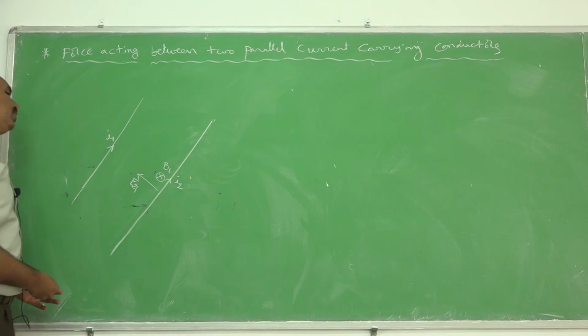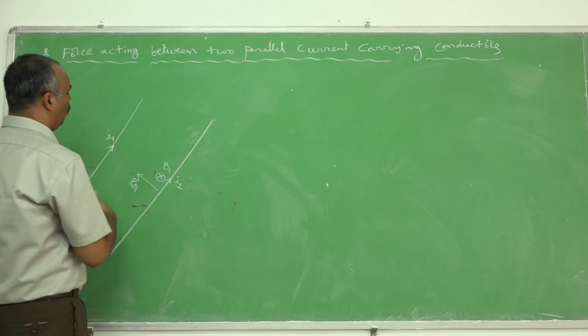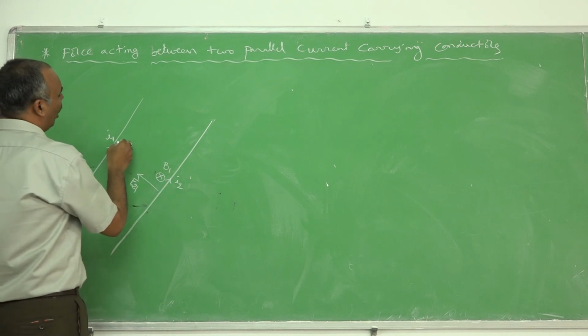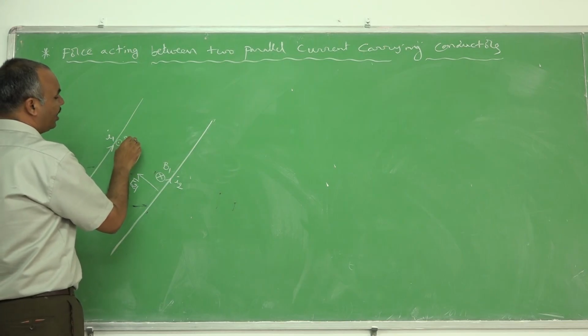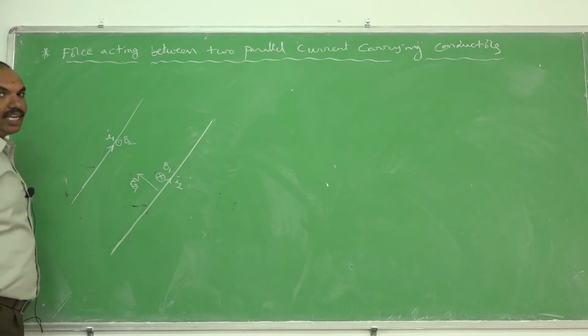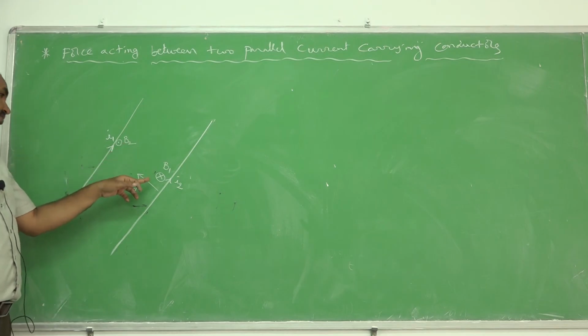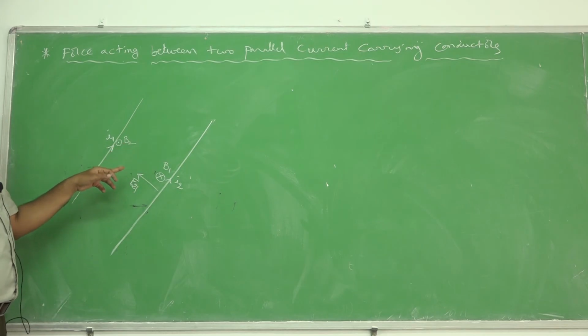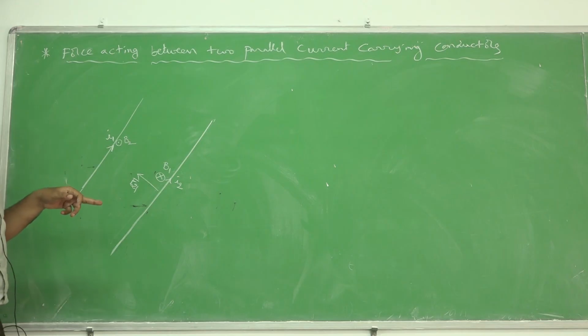Similar argument I am doing here. As the current is going like this, according to right hand thumb rule, the magnetic field is out of the paper here. This is the magnetic field generated here because of the current passing in the second conductor. So B2 is the magnetic field because of the second conductor. The first conductor carrying current I1 is kept in this magnetic field, so it experiences some force.